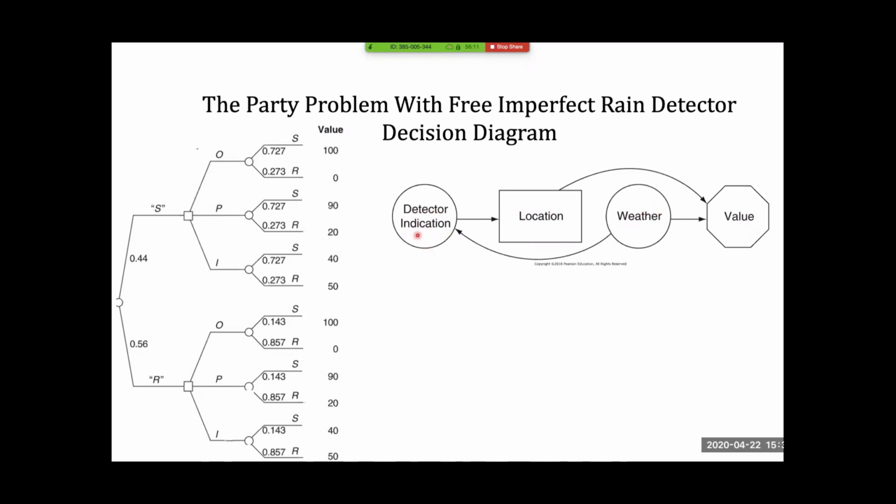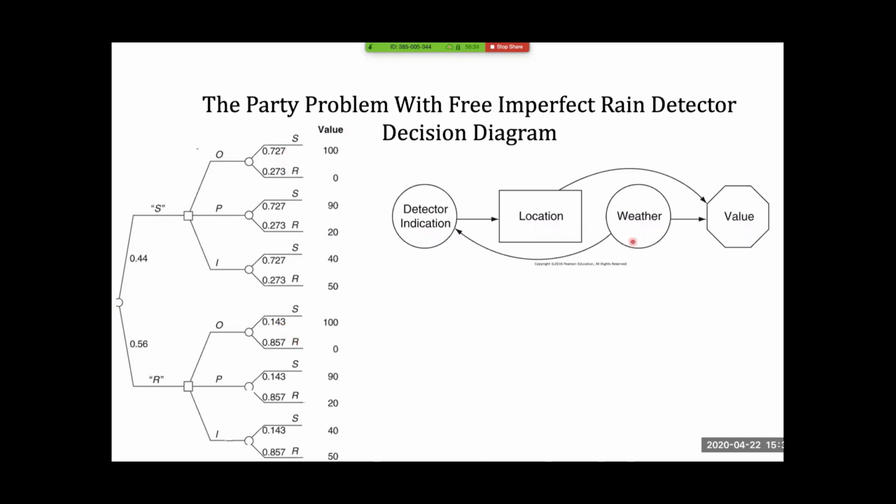Okay, this represents that we're looking at a detector that is relevant to the weather. Why? Because based on different messages of the rain detector, the probability of a sunny day is changing. That is the definition of relevance between the rain detector and the weather.